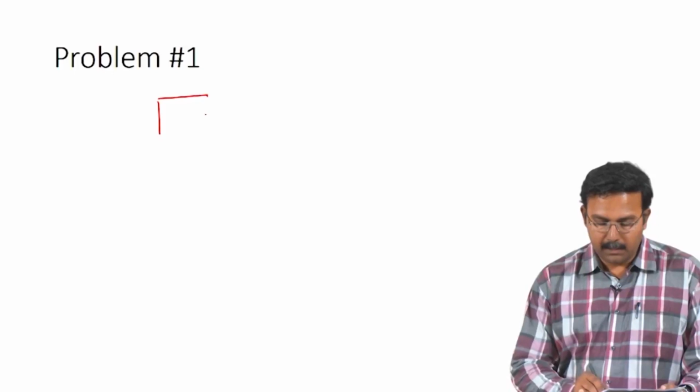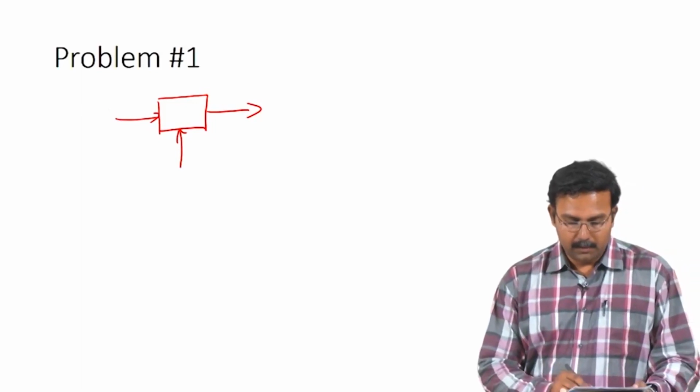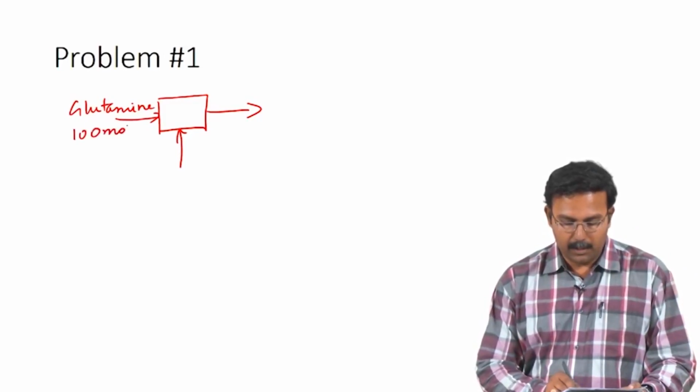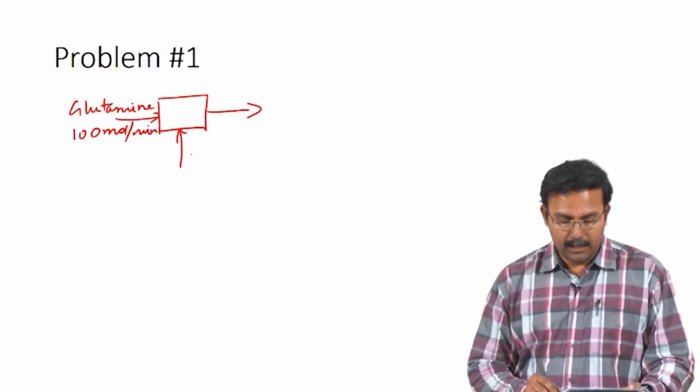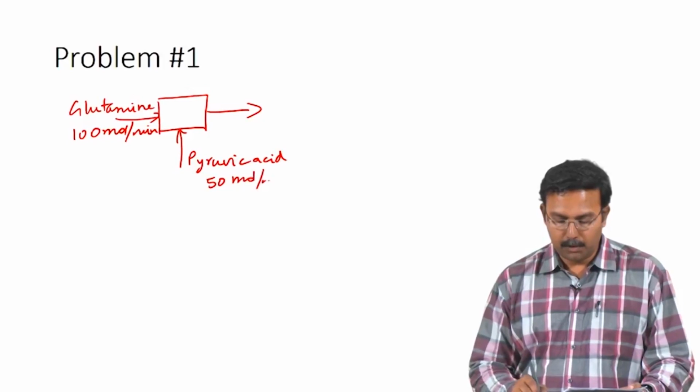Based on the information we can draw this simple flow chart where we have two inlets and one outlet. The first inlet would be for glutamine and this would basically have a flow rate of 100 moles per minute, and the other inlet is pyruvic acid which flows at 50 moles per minute.